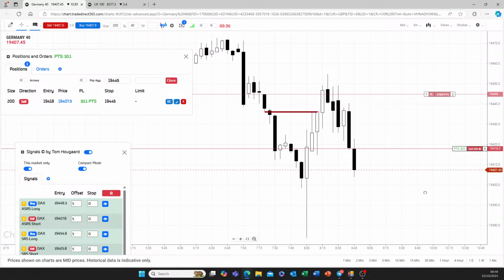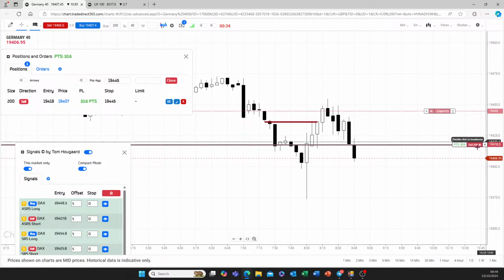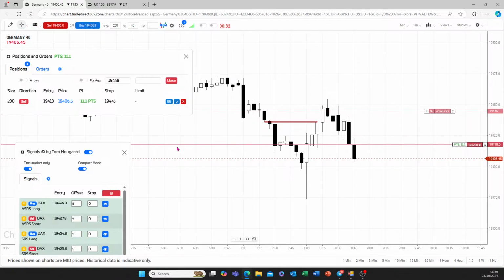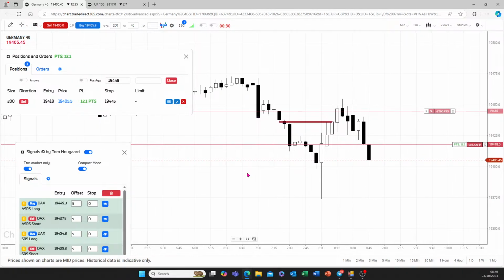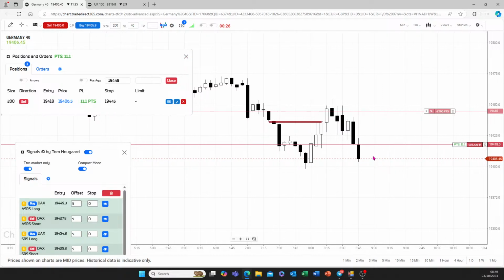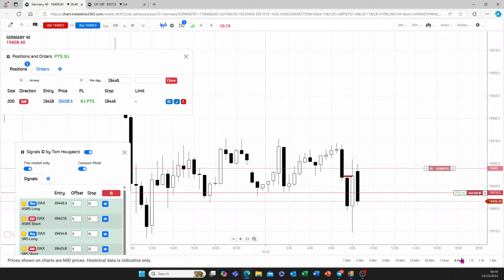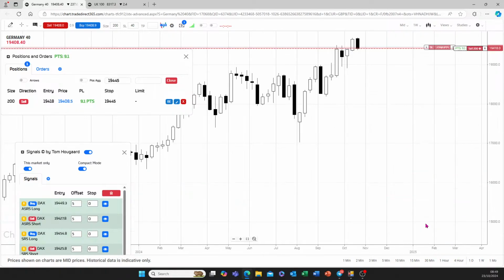So let's do a recap of this. I'm currently short on what's called a school run. I want to show you on it. Let's start with a weekly chart. I think that might be a good idea.